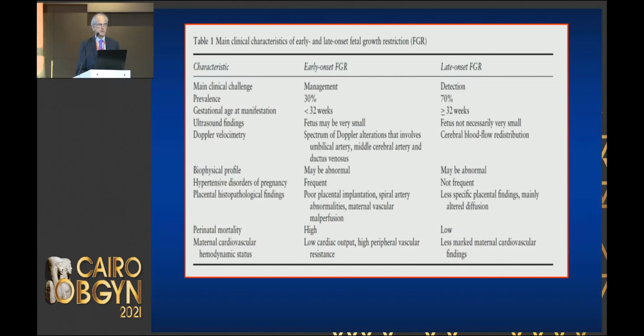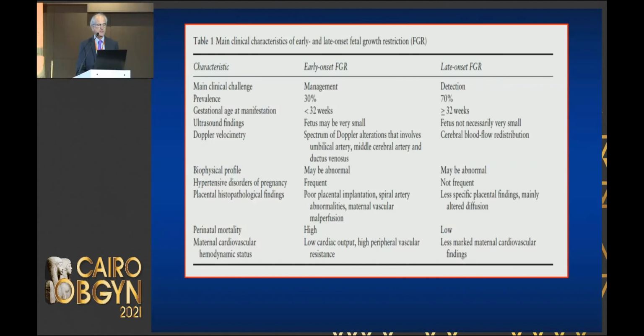We have talked about the definition of gestational age already. In the ultrasound findings, early fetal growth restricted fetuses are usually very small, and in late onset, they are not necessarily too small. As I have shown you, there's just a flattening of the growth curves.